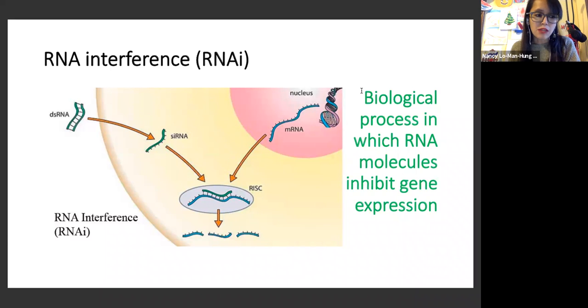There are some macromolecules involved in the RNA interference mechanism, but you can focus on the information that RNA silencing is triggered by double-stranded RNA.